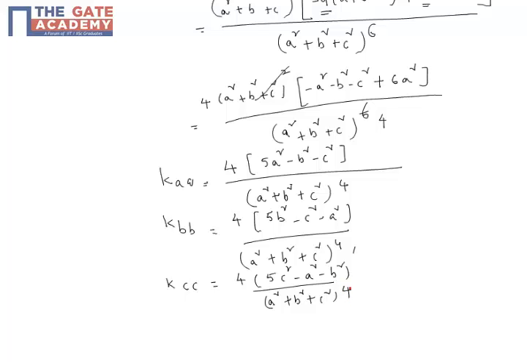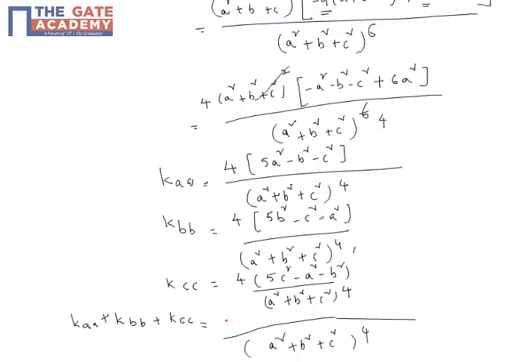Now what is he asking? He is asking the value of Kaa plus Kbb plus Kcc. So this is equal to, all are having the same denominator, (A square plus B square plus C square) whole power 4.